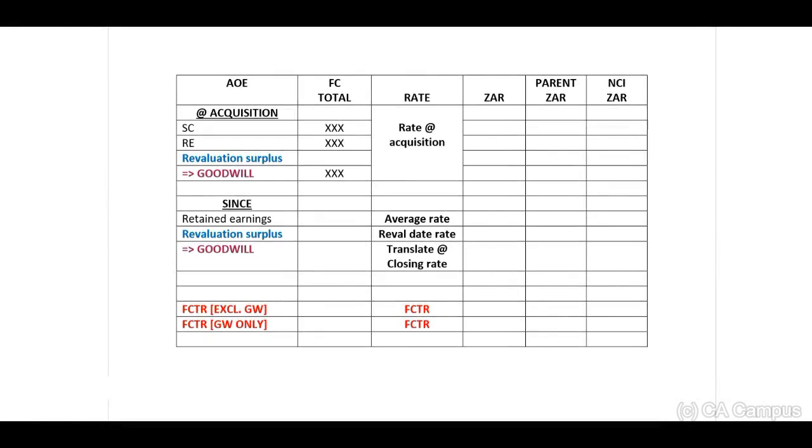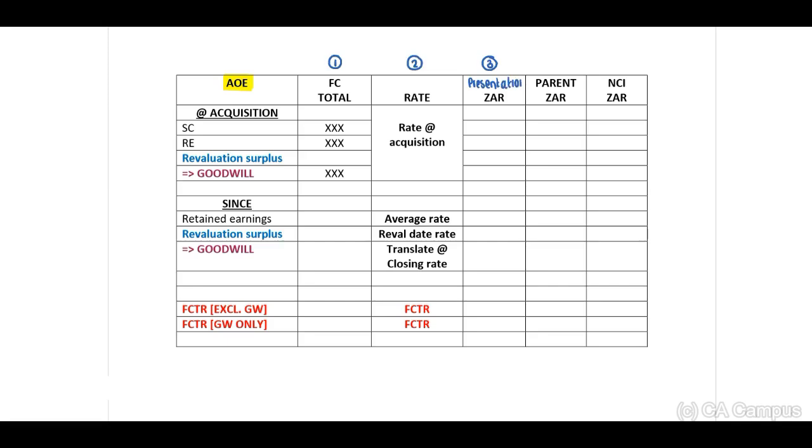Remember that I do prefer using an analysis of owner's equity when I consolidate subsidiaries. Now, when you use an analysis of owner's equity and you have a foreign operation, you need to include a total for your foreign currency column. You need to include a column for your rate and include your presentation currency.